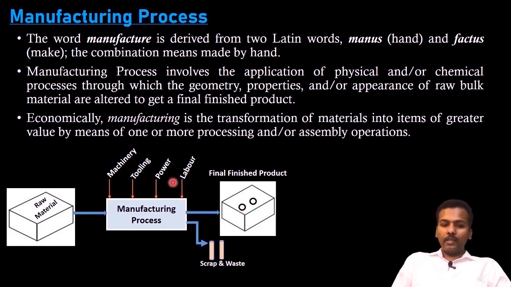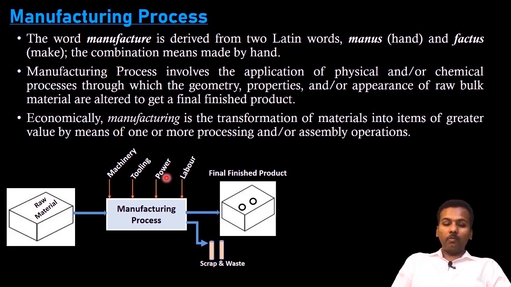Now what is desired here? As you can see, labor is required. So here manus is replaced by the labor, and the making process is done with the help of tooling arrangement. When there are tools, the tools will be powered by machinery, that is machine tools.